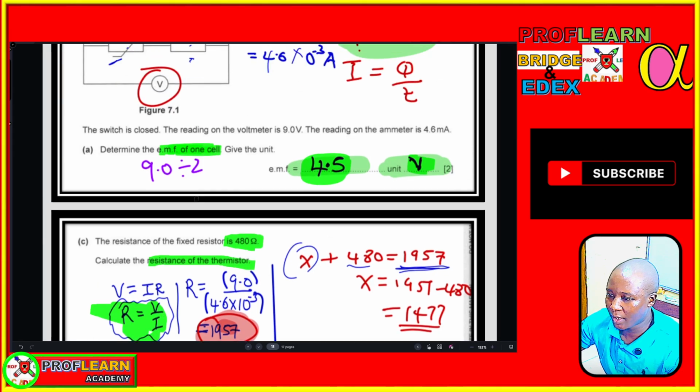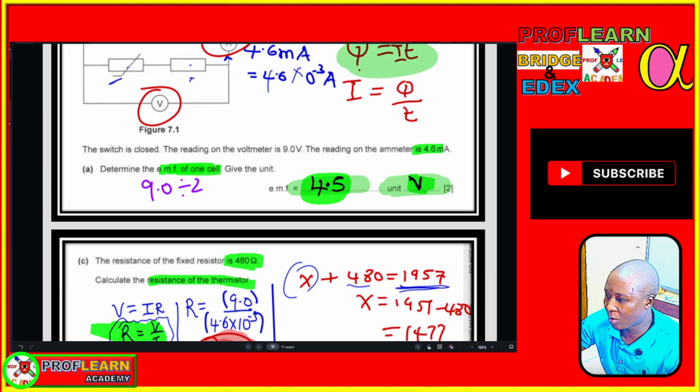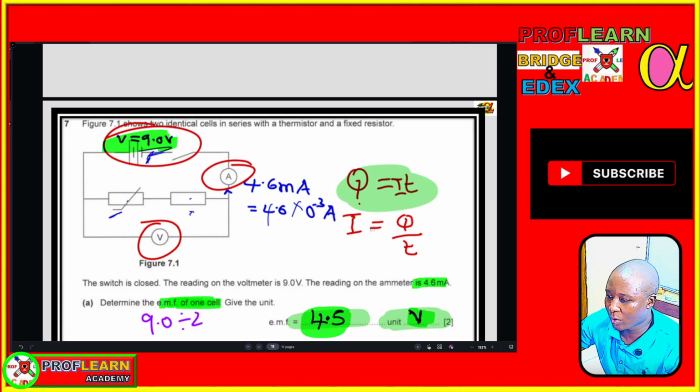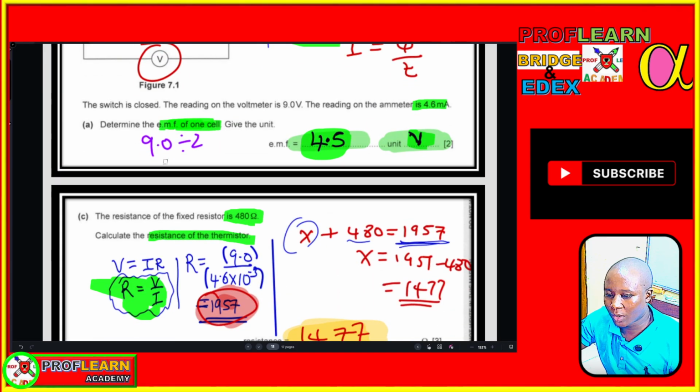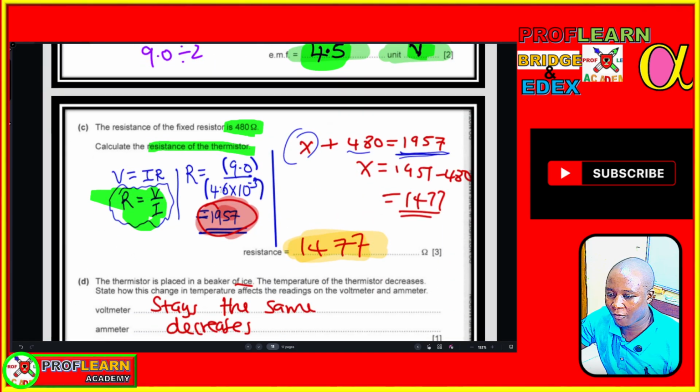We were told the current in the ammeter was 4.6 milliamperes, which is 4.6 times 10 raised to power negative 3 amperes. You convert milliamperes to amperes. And then the total voltage was 9. So we say 9 divided by 4.6 times 10 power negative 3. We shall get 1957 ohms as the total resistance in the circuit.